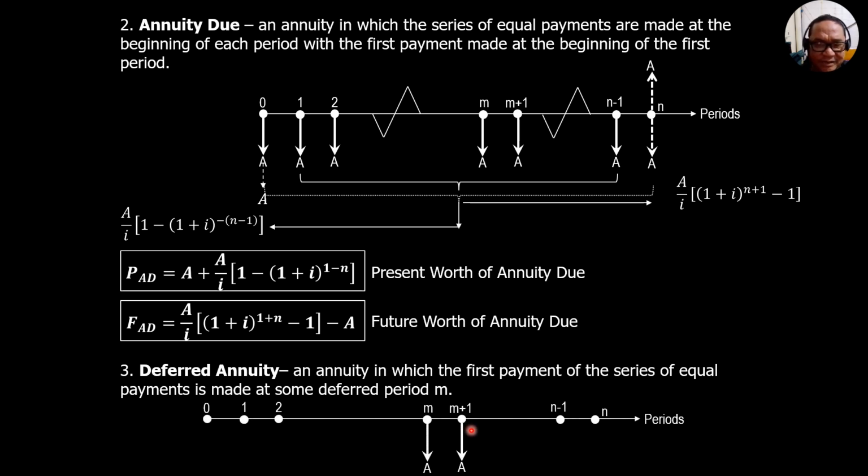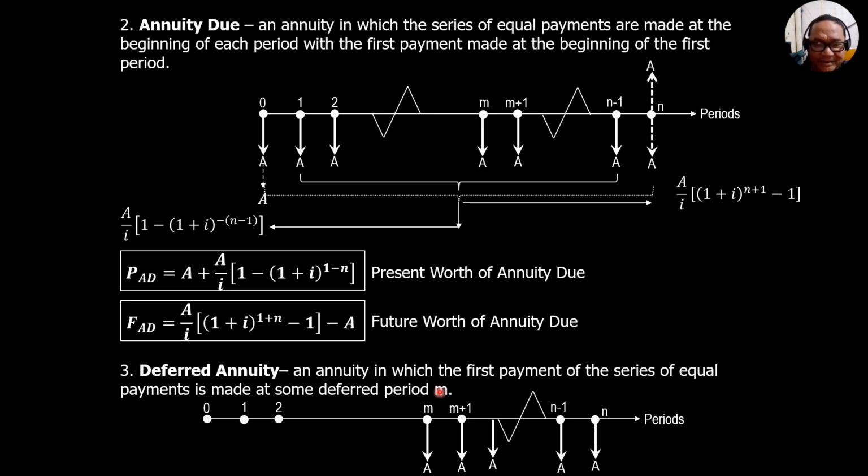And for this case, we can solve problems in so many ways, as long as you already mastered the projection for a single payment, and we have this cash flow diagram, right?